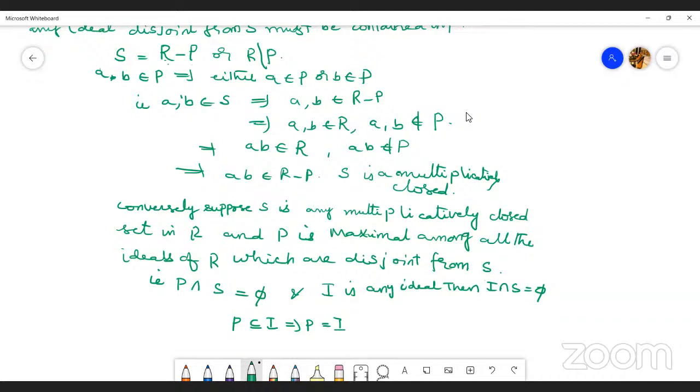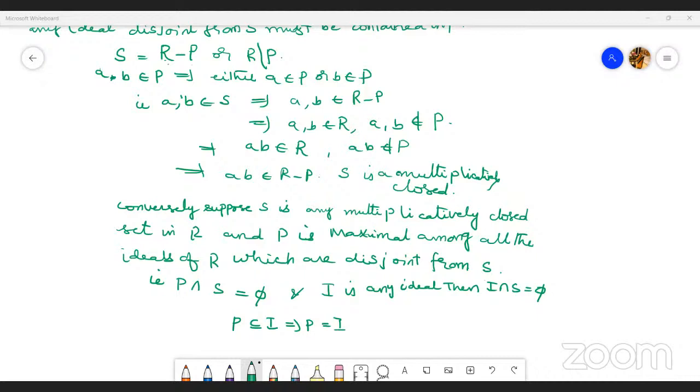Now conversely, suppose S is any multiplicatively closed set in R and P is maximal among all those ideals of R which are disjoint from S. That means P intersection S is the empty set. Disjoint means they have no elements in common.